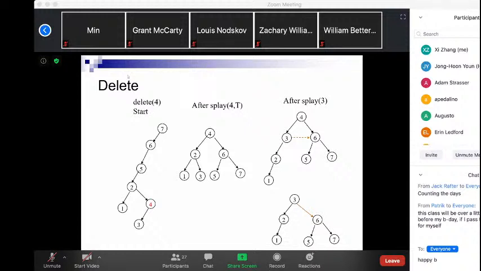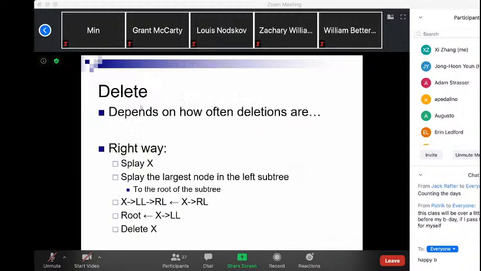Hello. Let's talk about the delete operation. We didn't discuss the find operation, find the maximum, find the minimum operation. Can we adapt the code from binary search tree to the splay tree? Yes, right?